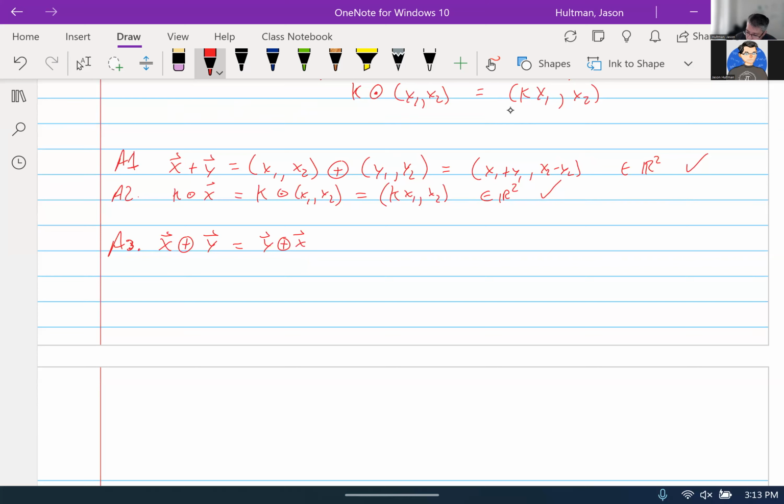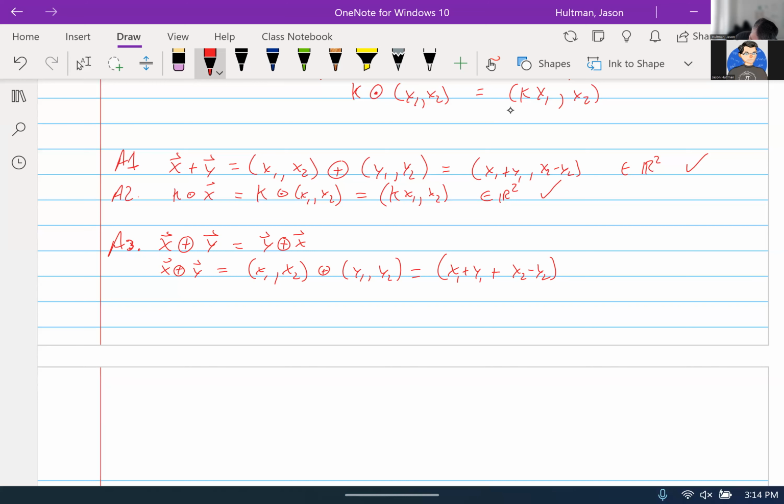Commutativity fails. So x circle plus y, we saw from above, is equal to x1, x2 circle plus y1, y2, which is equal to x1 plus y1, x2 minus y2.